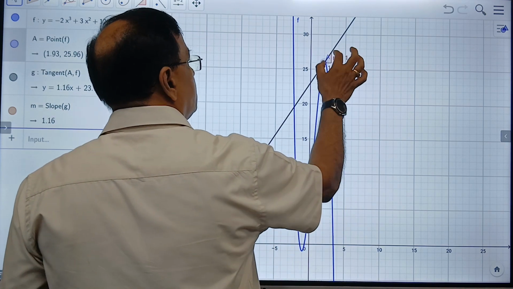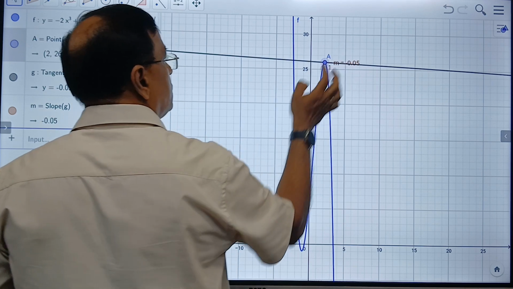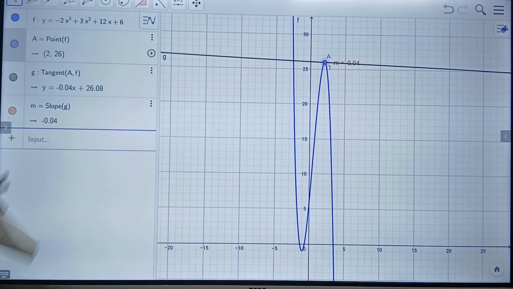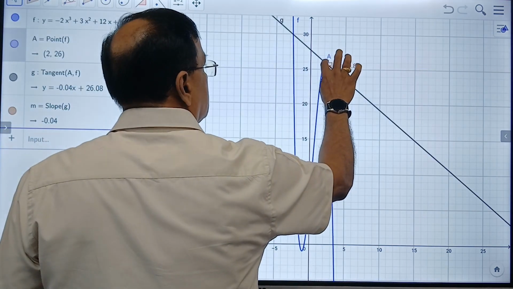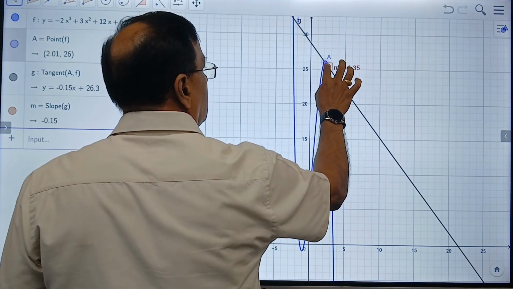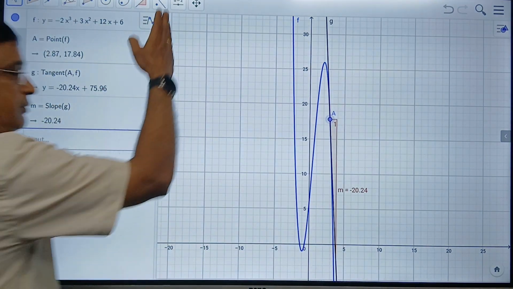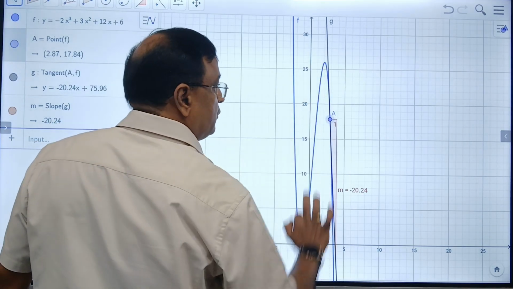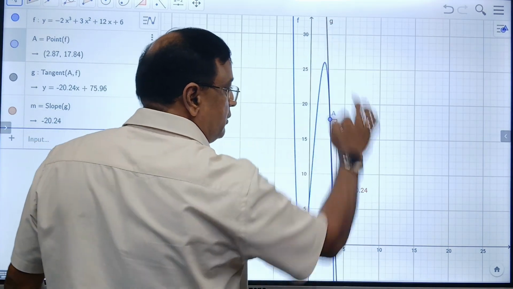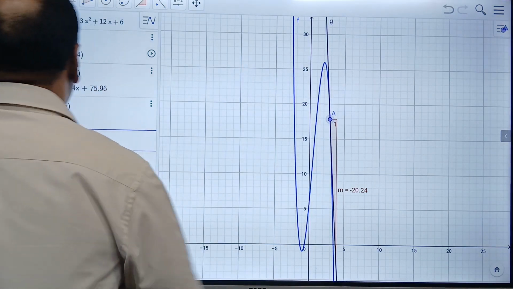Since the scale is very small, you are not able to see it, but otherwise it's understood. It's very, very close to 0. I think you can visualize it. And then it starts decreasing, and after that it is again negative. So minus infinity to minus 1 it is decreasing, minus 1 to 2 it is increasing, and then 2 to infinity it is again decreasing. I hope that is clear to you.